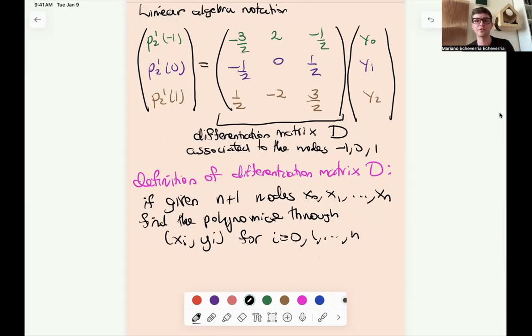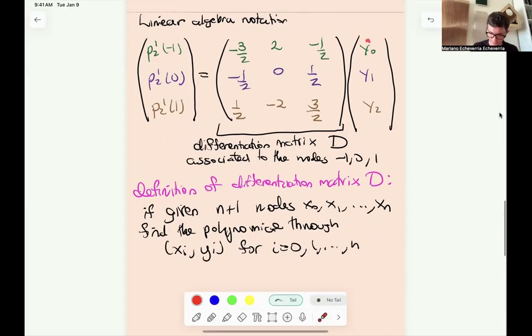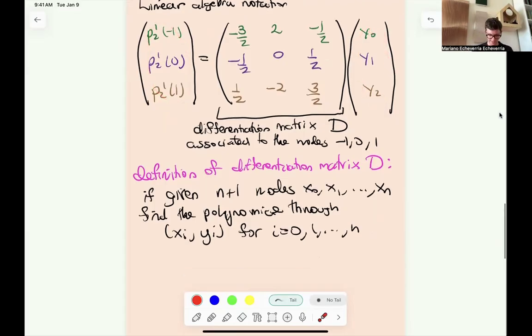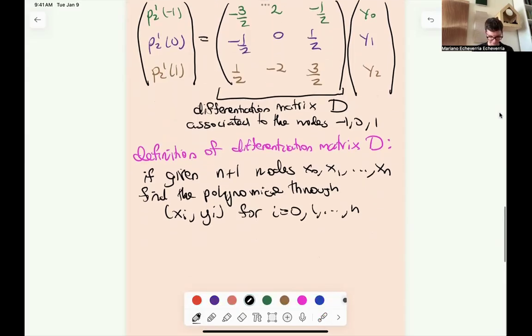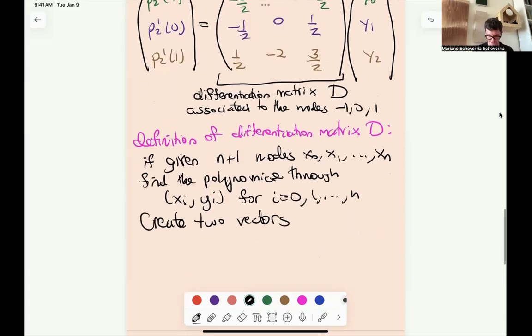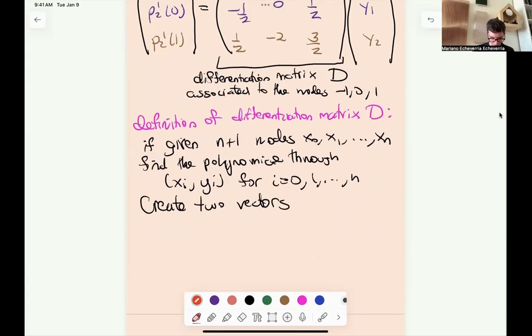And then what you can do is create two column vectors. One column vector is the y vector, and the other is a vector of derivatives of the polynomial at these nodes. Then you build two vectors. The first one would be y, which would be y0, y1 up to yn.